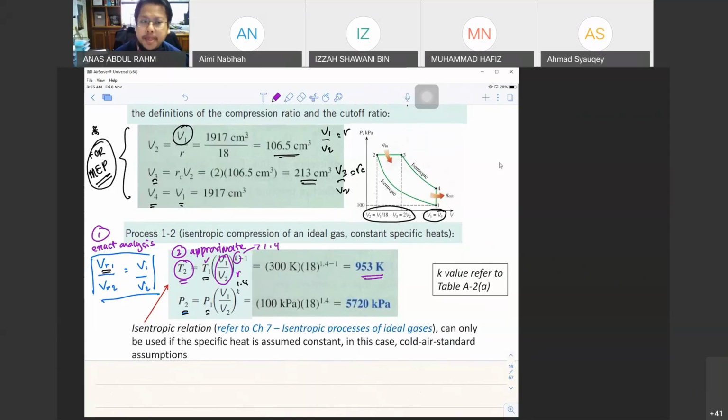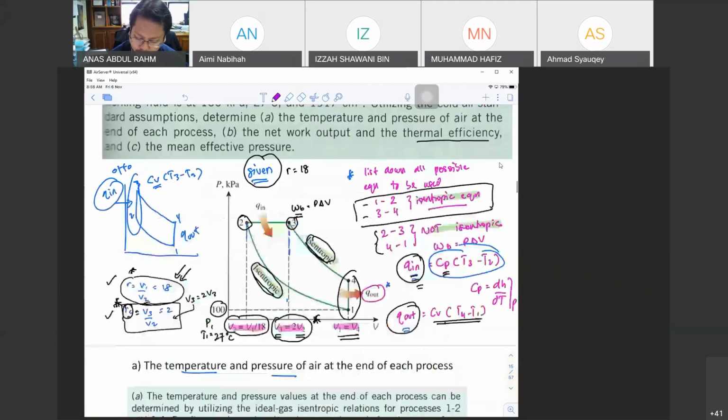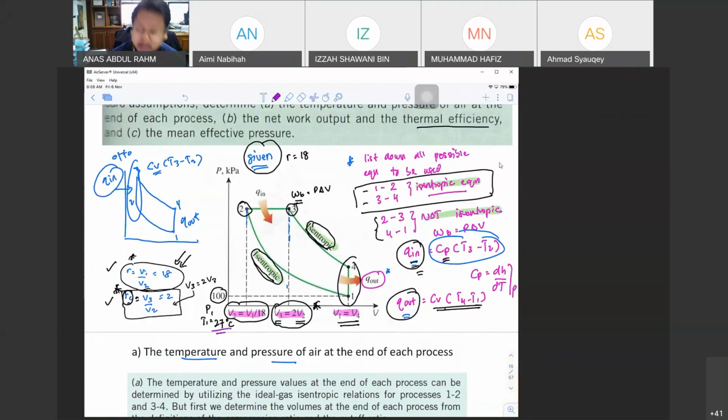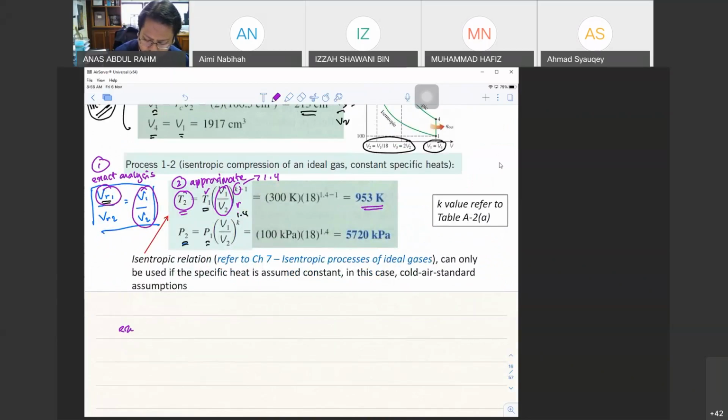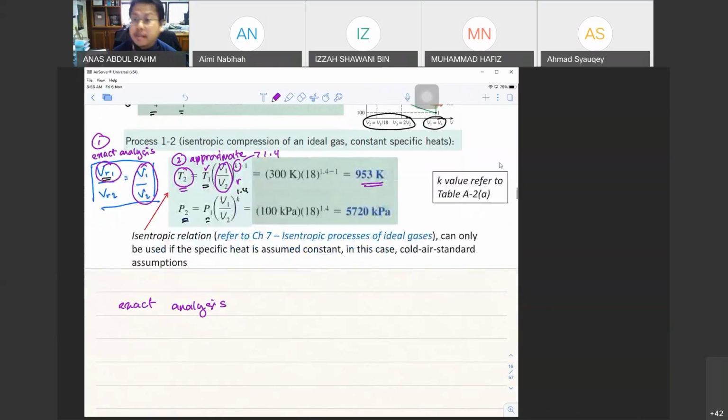We know V1 and V2, this is given, and we also know VR1, because the temperature was given. T1 is 27 Celsius plus 273, so you get 300 Kelvin. So, for exact analysis, remember, exact analysis or approximate analysis, these are for isentropic processes only.